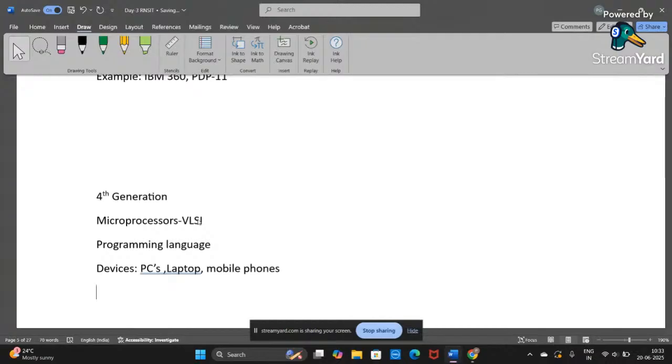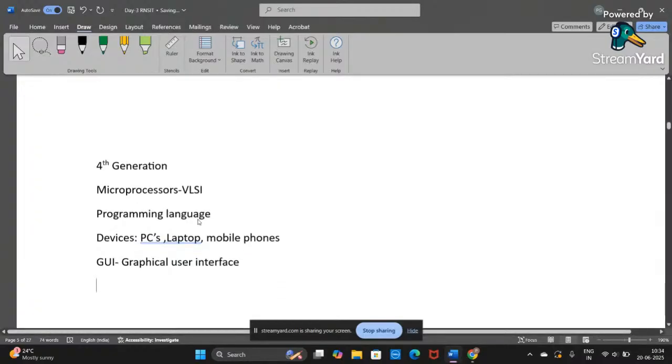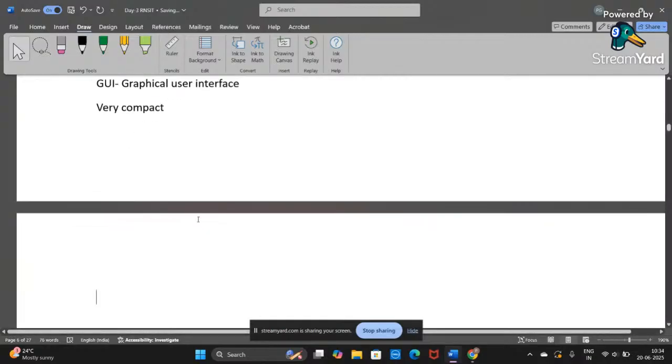And in fourth generation, GUI was introduced. What is GUI? Graphical user interface. The advantages are very compact, portable, high processing power.